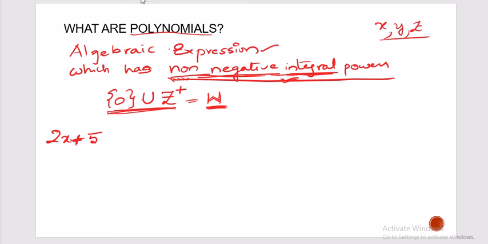Plus and minus are the fundamental connectors present in mathematics. Because of these plus and minus we have two terms. This 2x is one term and this 5 is another term. Understood? So this polynomial contains two terms.